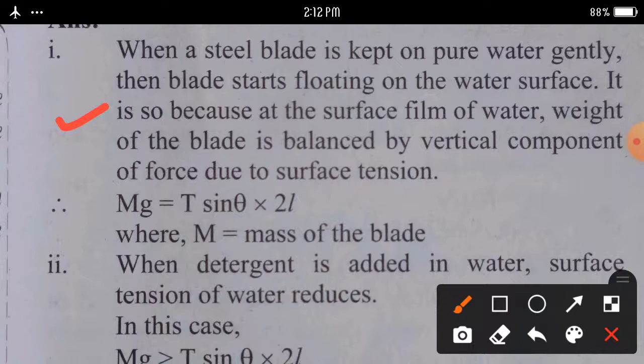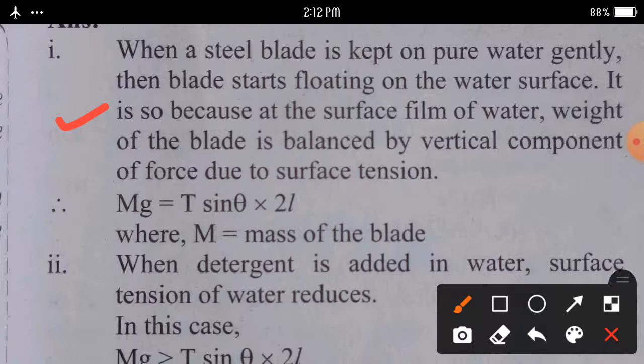When a steel blade is kept gently on pure water, the blade starts floating on the water surface. It is so because at the surface film of water, the weight of the blade is balanced by the vertical component of the force due to surface tension.